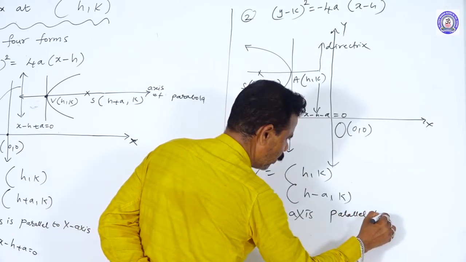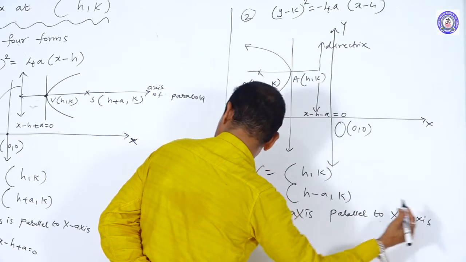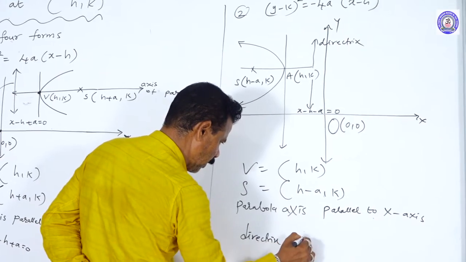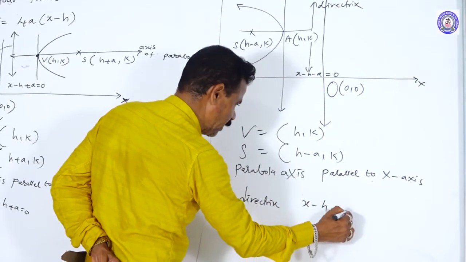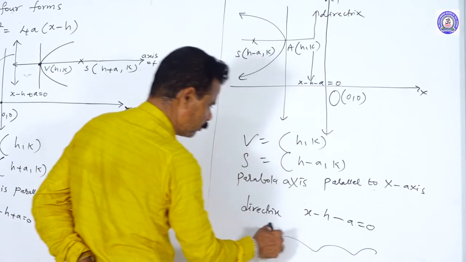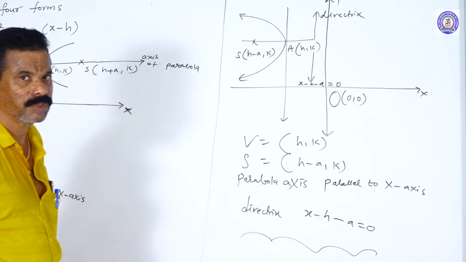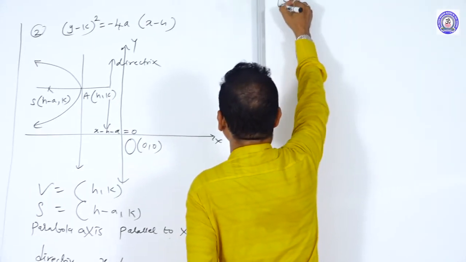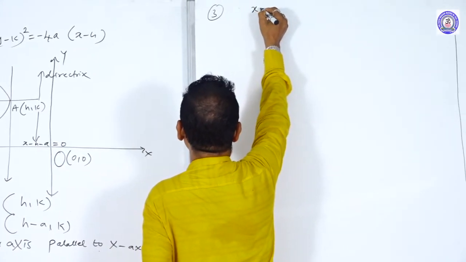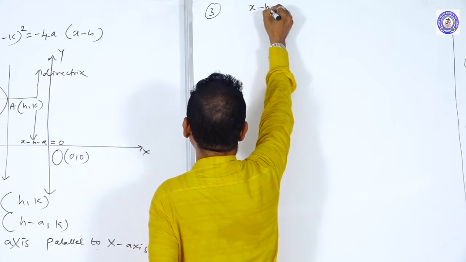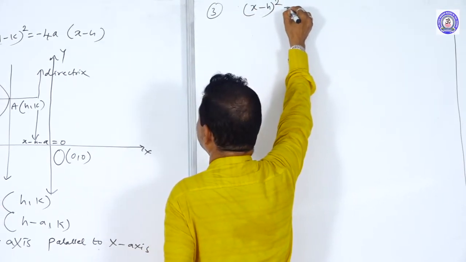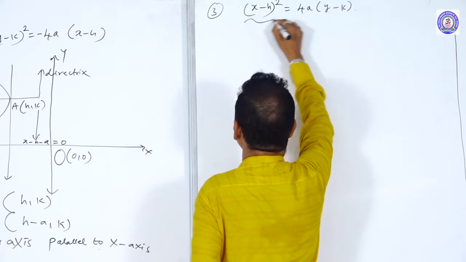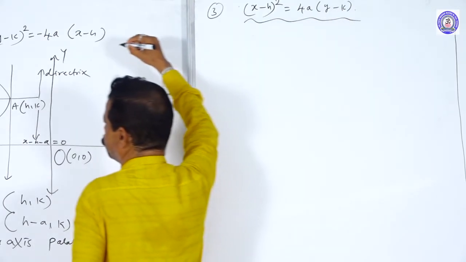And the directrix is x minus h minus a is equal to 0. This is the second form. And the third form, here reversed: x minus h whole square is equal to 4a into y minus k. This is another form.